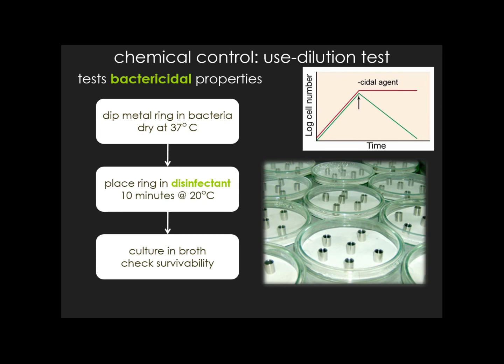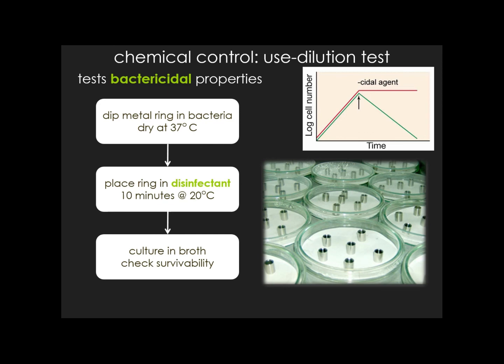And the use dilution test is helpful because it will identify for you whether or not a given chemical is bactericidal. And the way that that's done is by taking a metal ring, which is shown here, and dipping it into a bacterial culture and allowing it to dry, as you can see here, at 37 degrees Celsius.